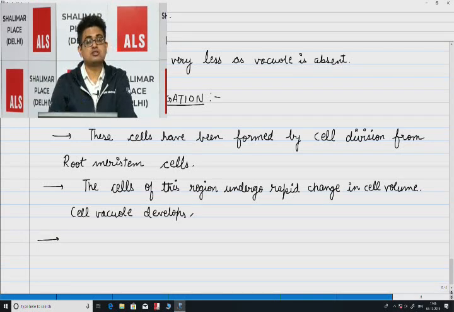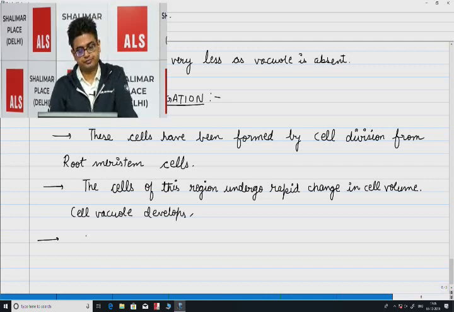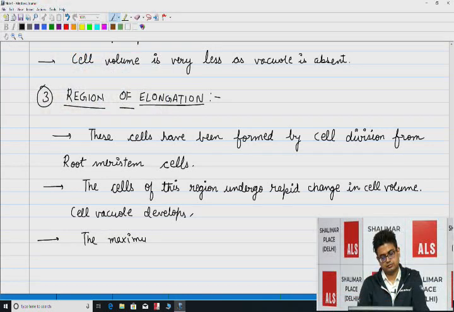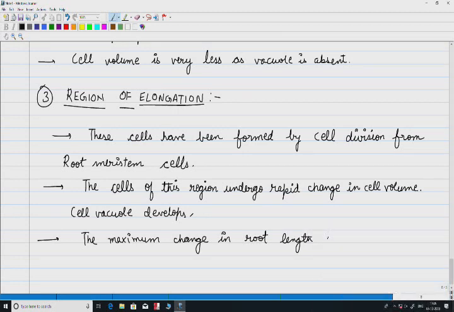So the maximum change in root length occurs because of the region of elongation.